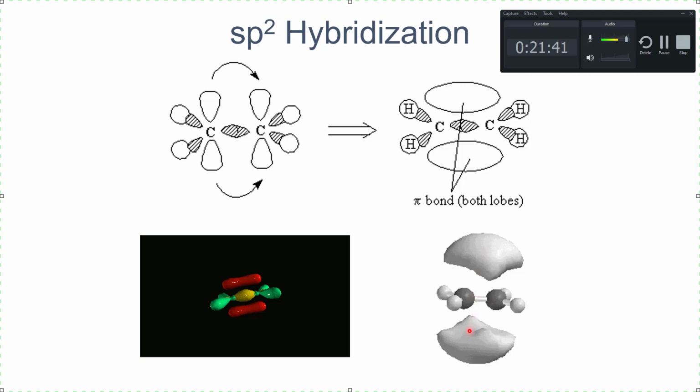Now the pi bond has this plane in the carbon-carbon double bond. That plane is a nodal plane, so the electrons again somehow pass from here to here without ever stopping there. That's quantum mechanics beyond the scope of this class. So that's what a pi bond looks like.